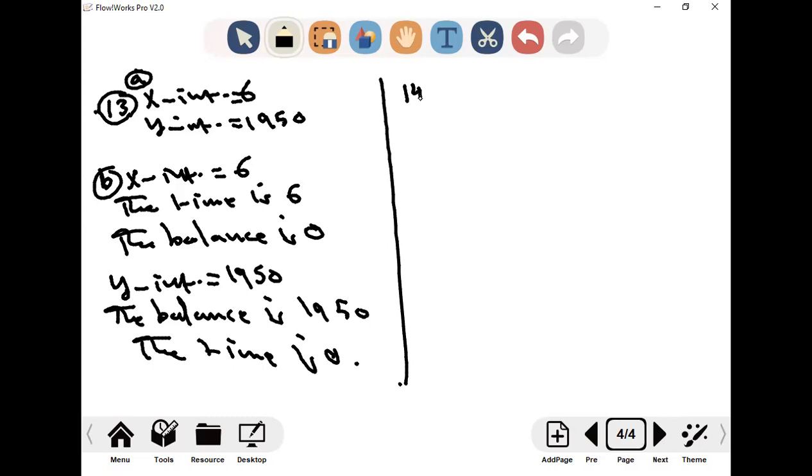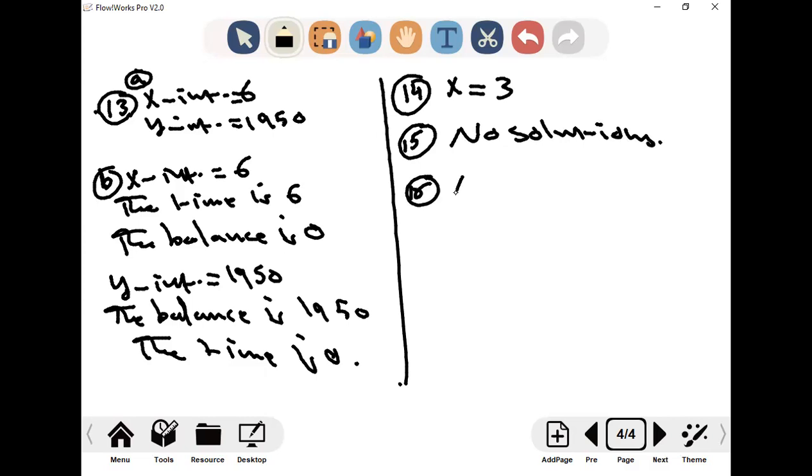Question 14. X is 3. Question 15. No solution. No solutions. Question 16.